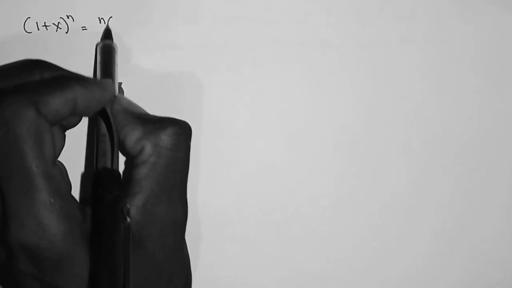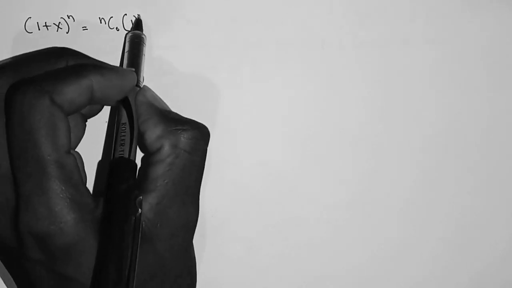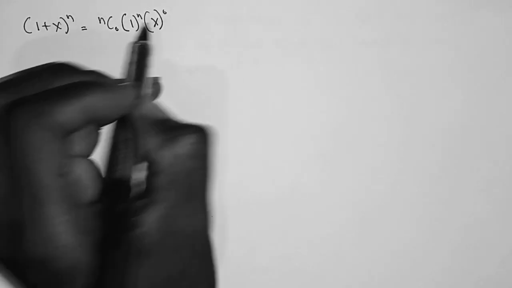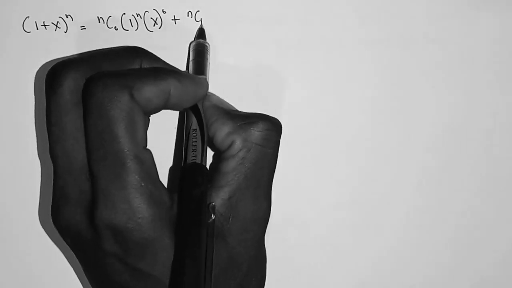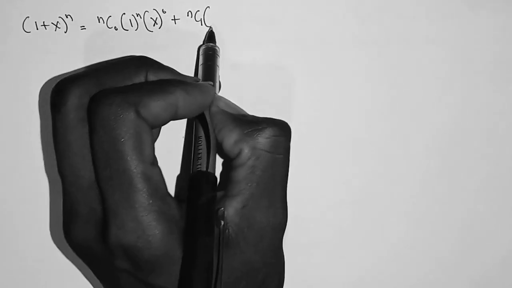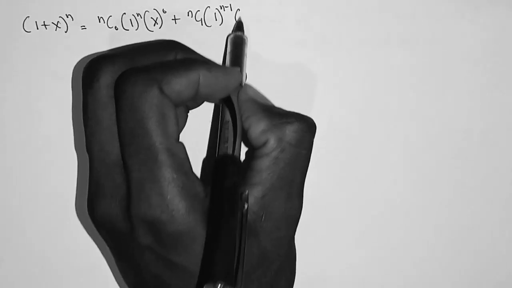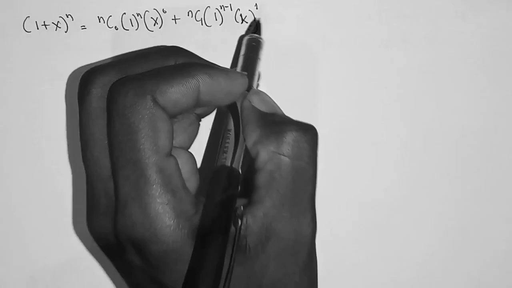So this is equal to nC0 times 1^n times x^0. So that's the first term, plus nC1 times 1^(n-1) times x^1.